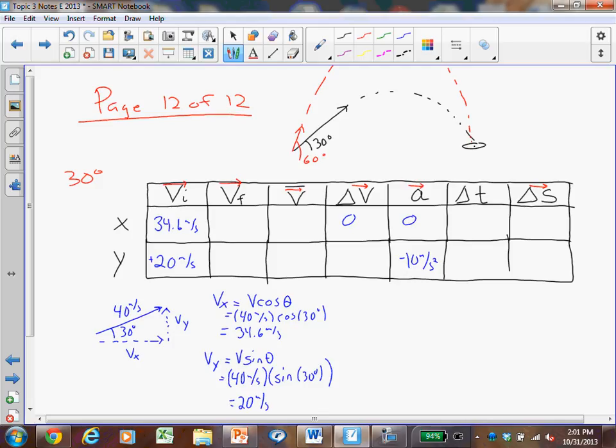Now, if we're only going up in the y, stop. What is our final velocity then, to find out how high it goes? We're going to have it at 0 because we're just going to do the up part. These stay the same. This plus this divided by 2 is this.